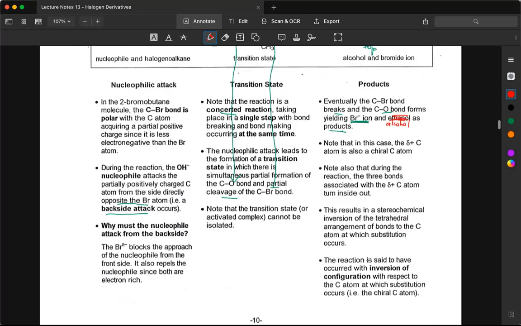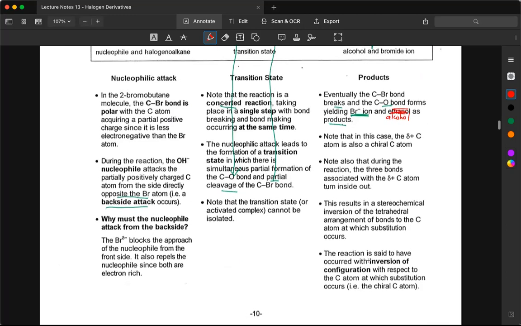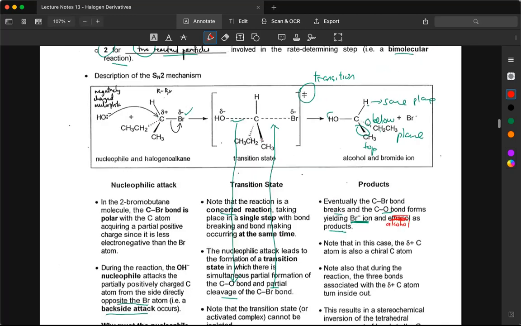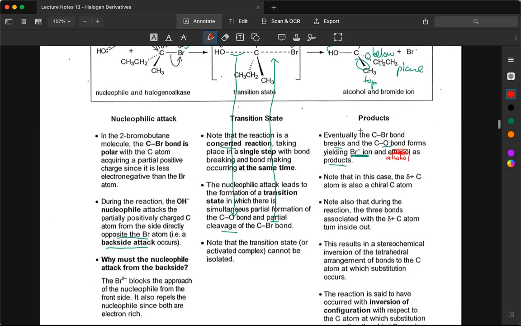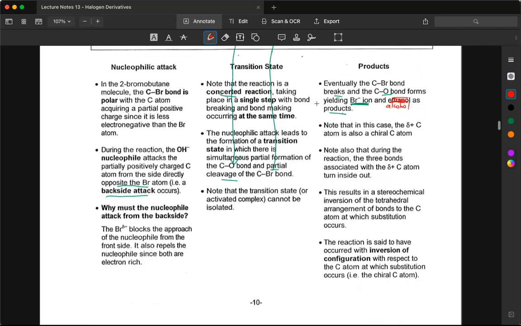So this reaction is said to have occurred with inversion of configuration with respect to the carbon atom at which substitution occurs. You can see that the CH3 is here, but when the product is formed, this CH3 is shifted to the other side, moved more to the right. That is what we call inversion of configuration. And the CH2 is also inverted to this side, because of the formation of the C-O bond.